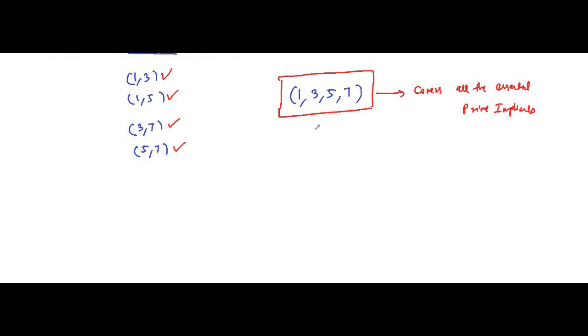Let us say we have minterms 1, 3, 4, 6 and 7 like this, and we have Minterm pairs. These are Minterm pairs 1 2, 3 5, 4 5, 6 7, like this, and we have merged Minterm pairs like this.